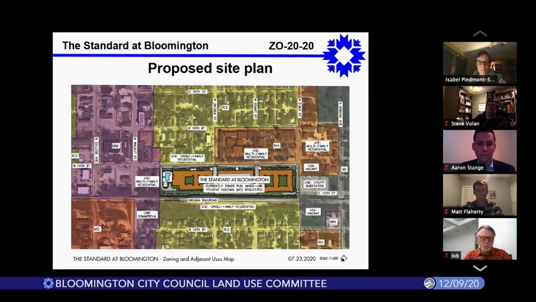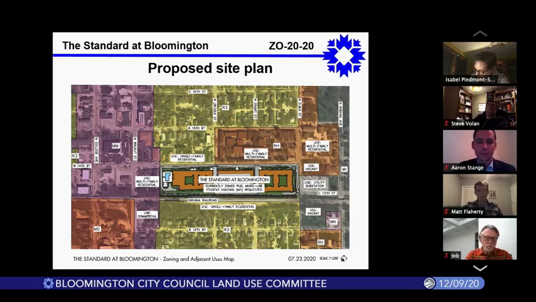So with this request, they are simply requesting a rezone of the site to the mixed-use student housing district that's currently in the zoning code. The Planning Commission heard this petition and only reviewed the request to rezone the property. So there was not a site plan approval that went along with this request. Obviously, they have to rezone the property first before they can design it to any of those standards.